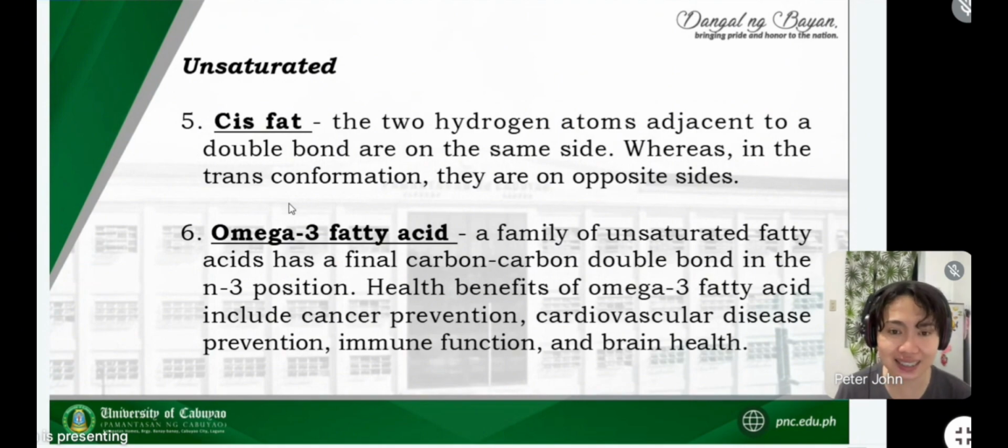So, good sila sa katawan natin. Often kasi, our body can produce, but some is very rare. That's why we need to consume that.